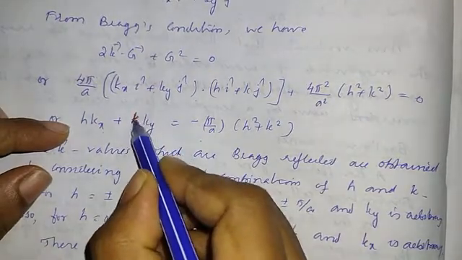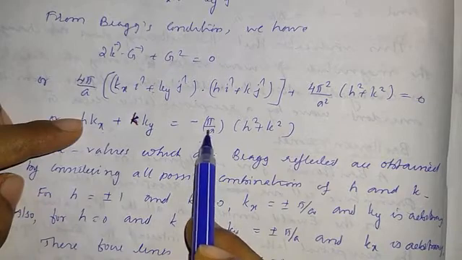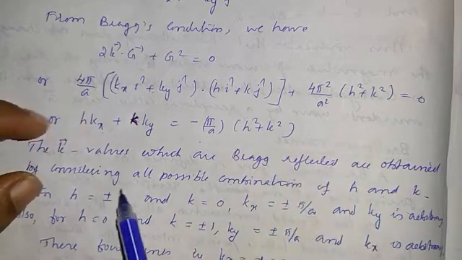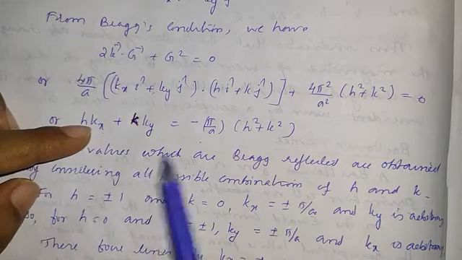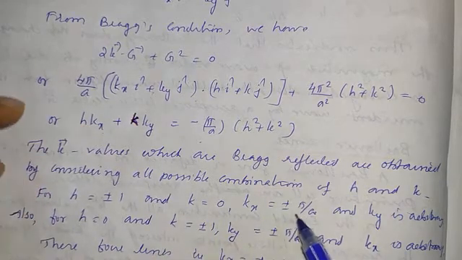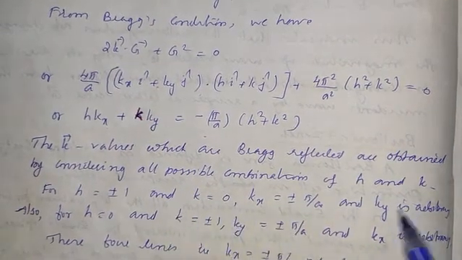So we get kx = minus pi by a times h square, where h is plus or minus 1. So kx will give you the value plus or minus pi by a, and ky is arbitrary in this case.